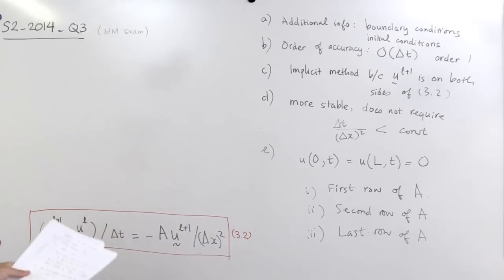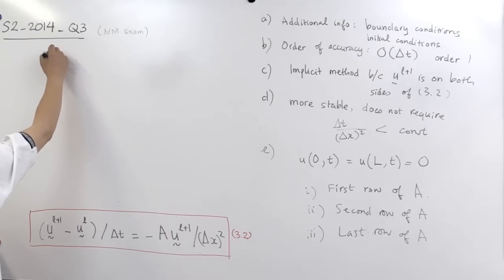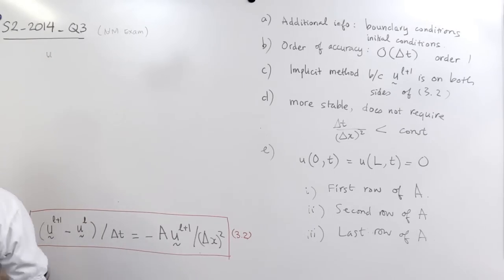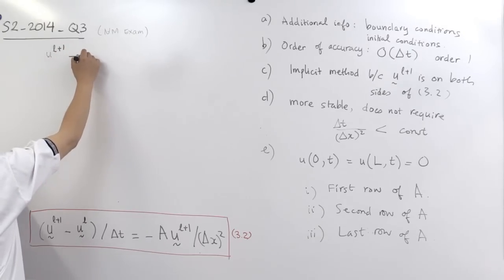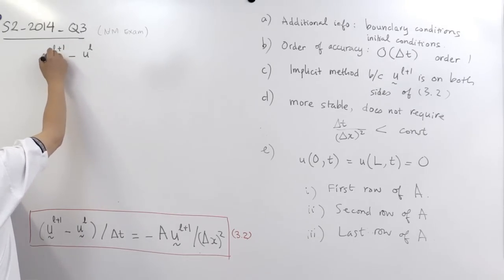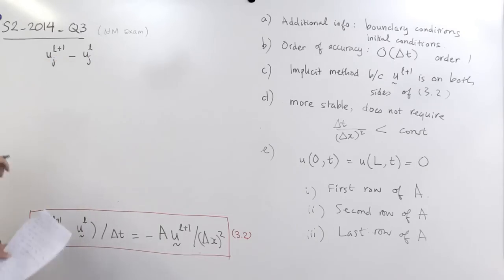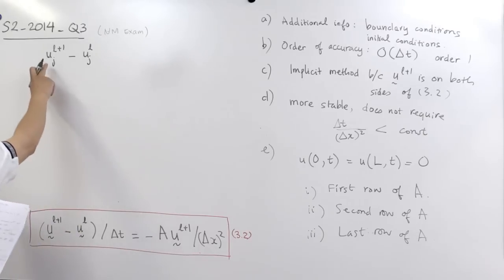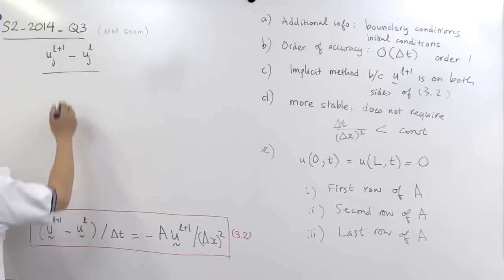Okay, and now if we write down in terms of component by component, okay, so this one is U^(L+1) minus U^L, but now instead of writing the vector, I write the entries of the vectors. Okay, so the entries will be uj with subscript L plus 1 and divided by delta t.